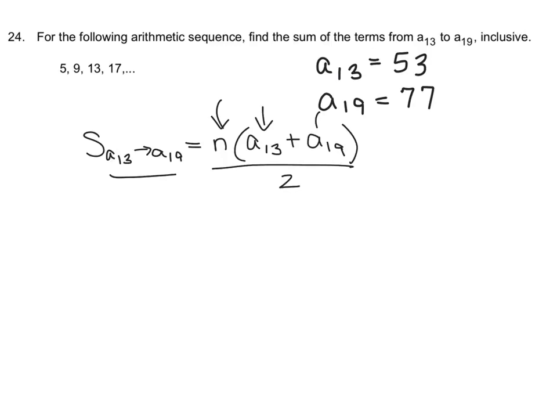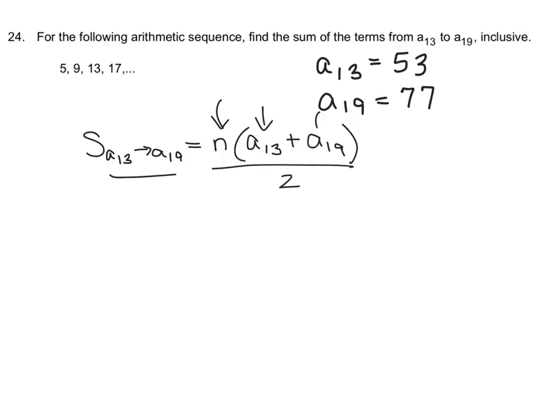So I want to find the sum of all of these terms. So N are the number of terms that I'm adding together, essentially. So that will be 1, 2, 3, 4, 5, 6, 7 terms. So N in this case is 7.